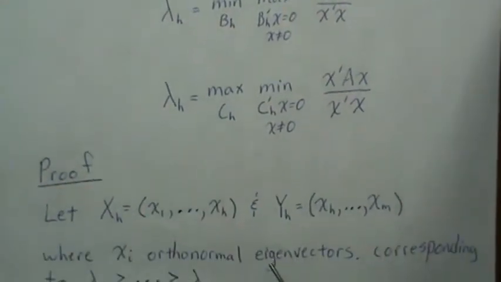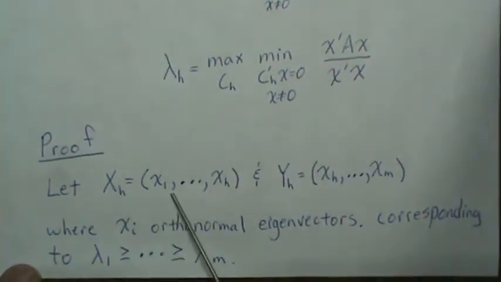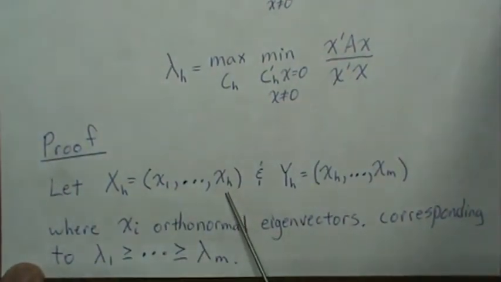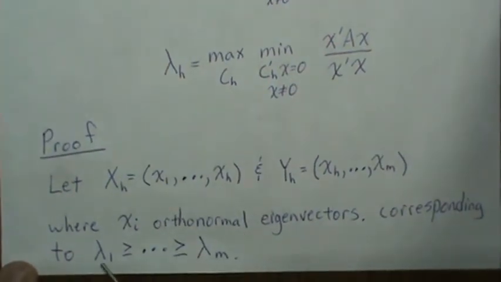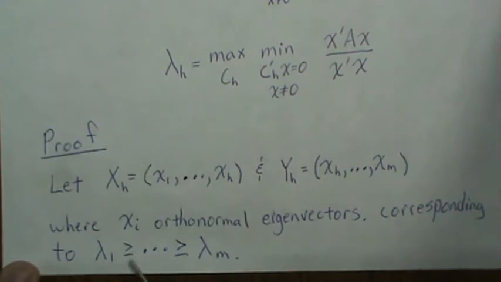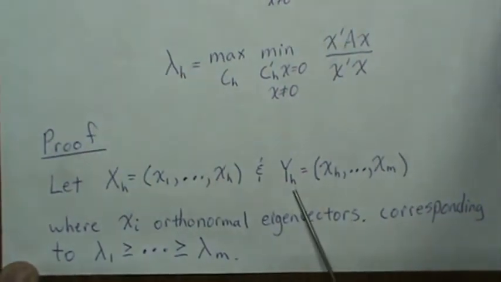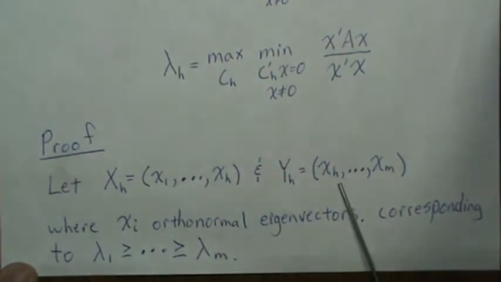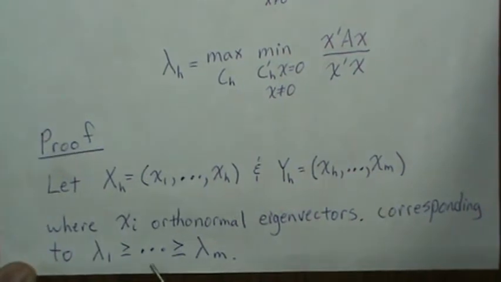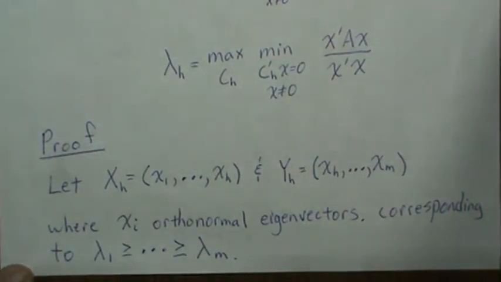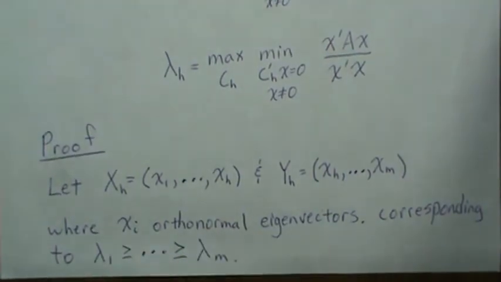So first, let's let x_h be the eigenvectors associated with the h largest eigenvalues. And then y_h is going to be the eigenvectors associated with the m minus h plus 1 smallest eigenvalues, h through m.